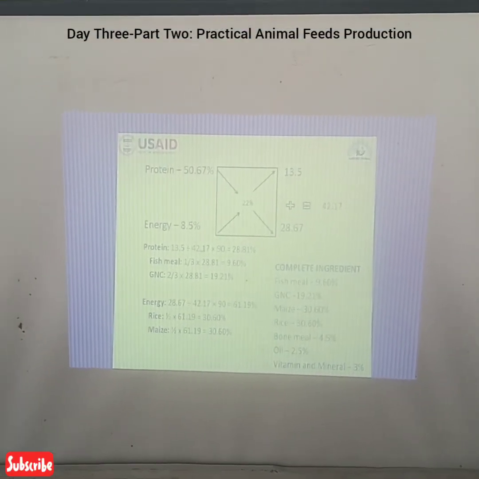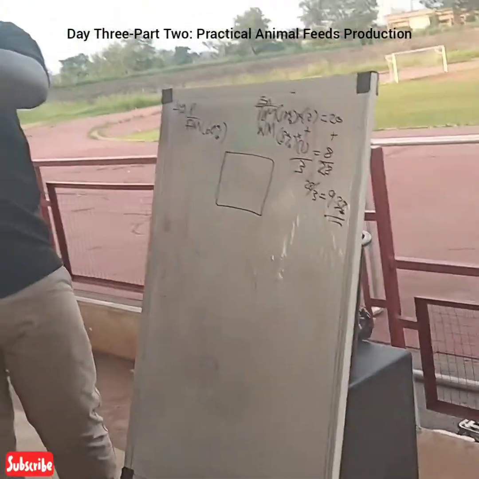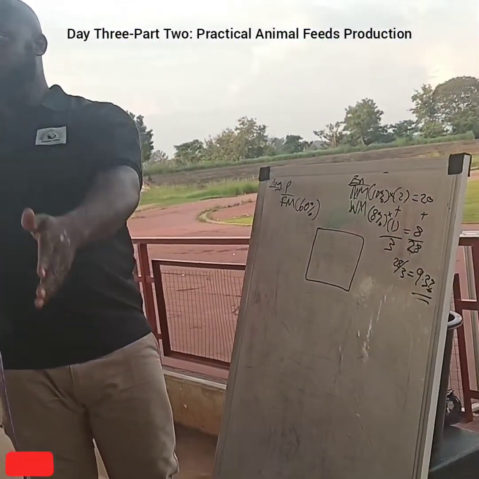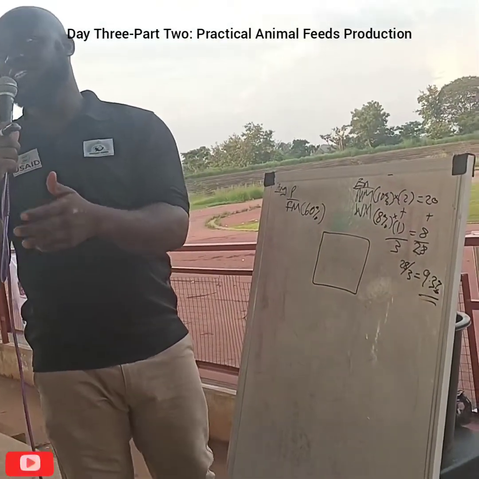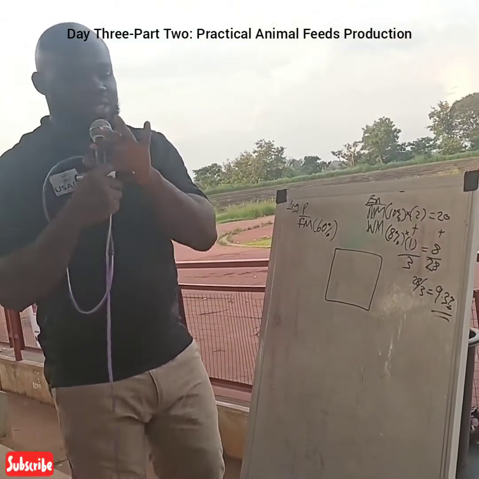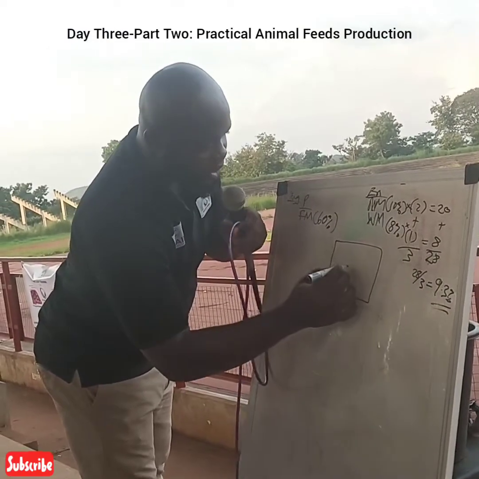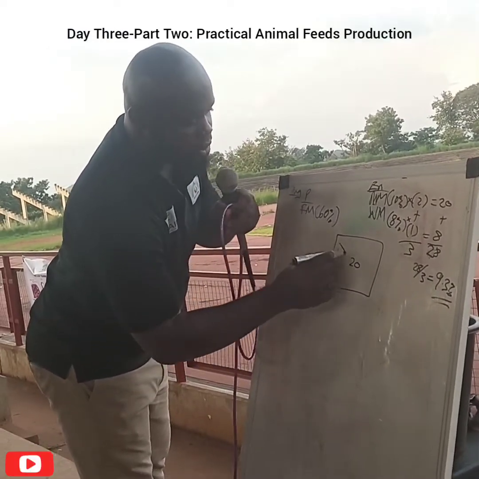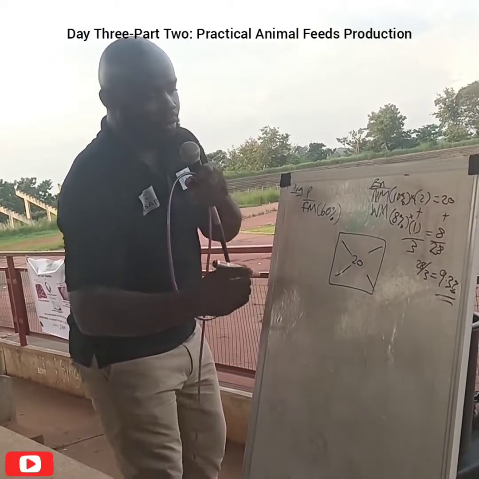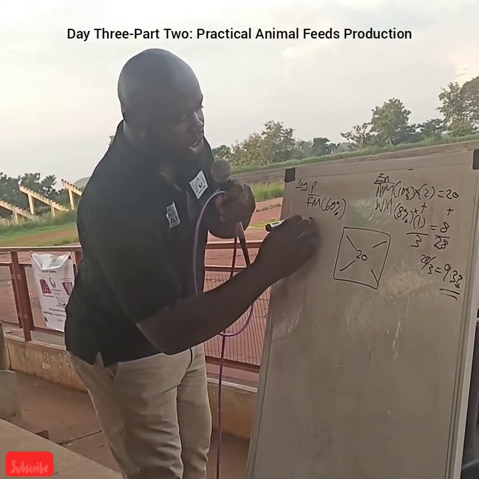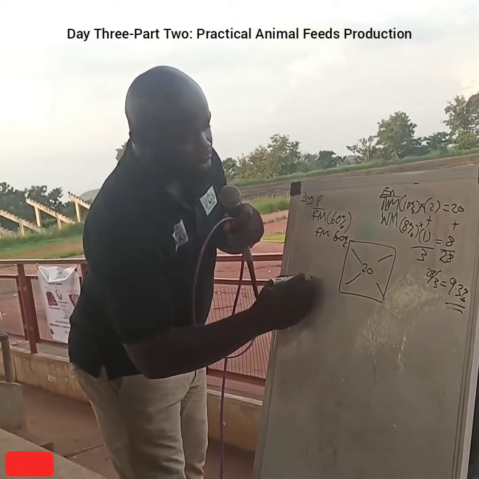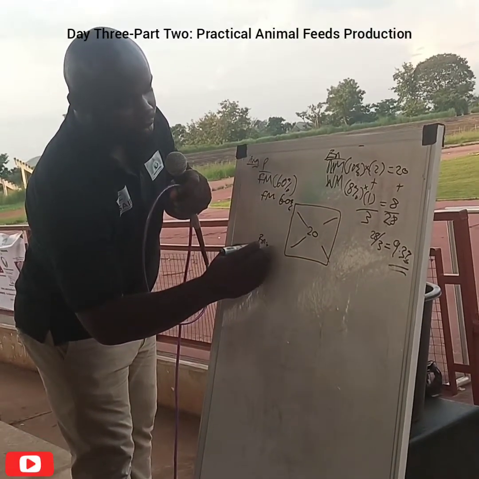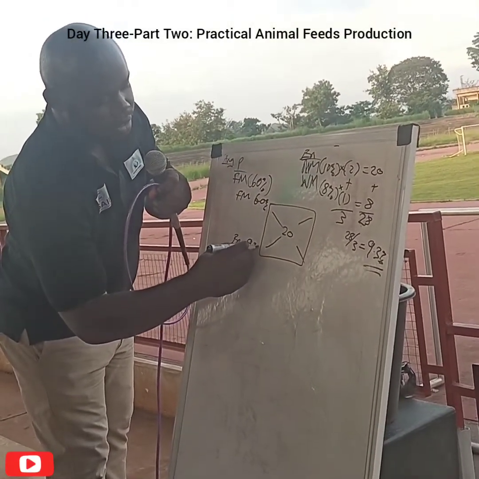So we assume that grower should have about 19, but let's use 20. So you draw your arrow. Then for protein, which is fish meal, you have 60%. For energy, you have 9.3%.